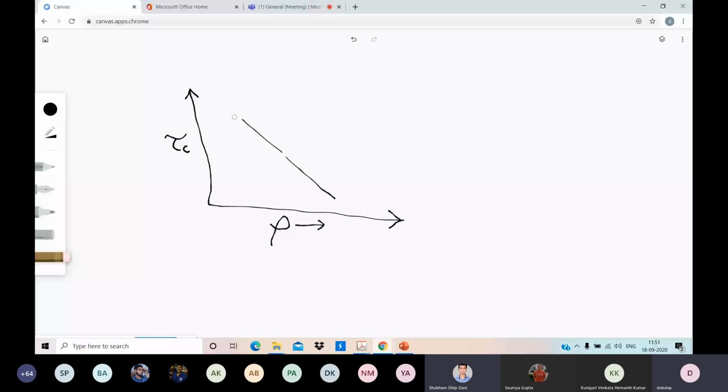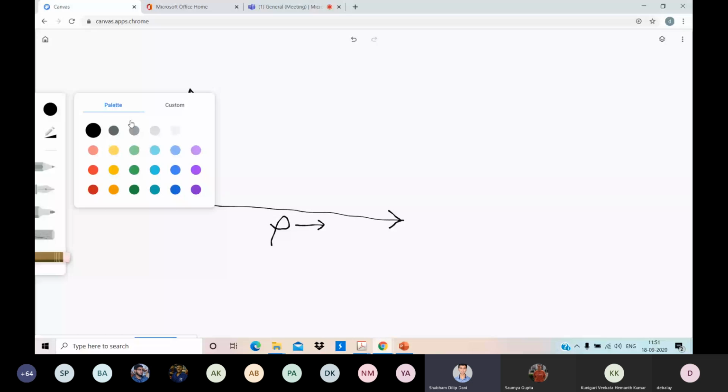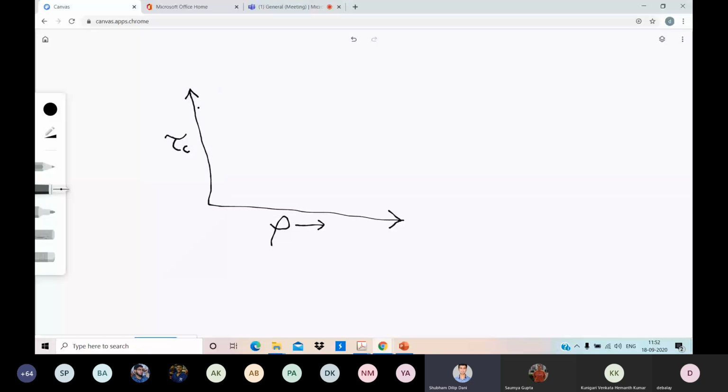So if in the crystal there are no dislocations, the shear strength will be very high. Once the dislocations are generated, the movement will be easy and shear stress will be decreasing.